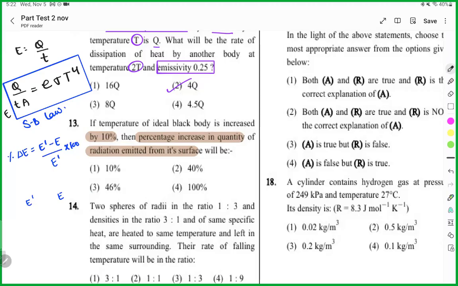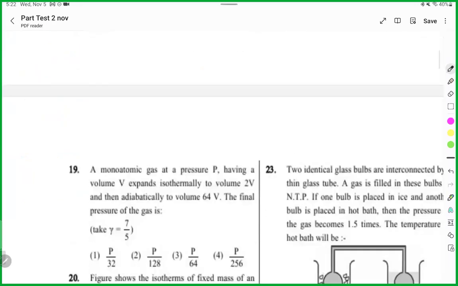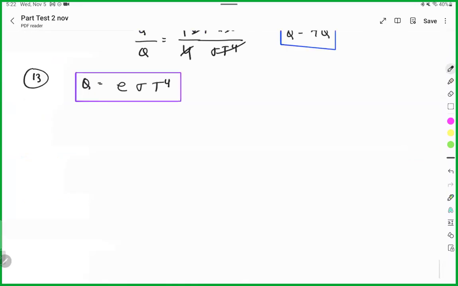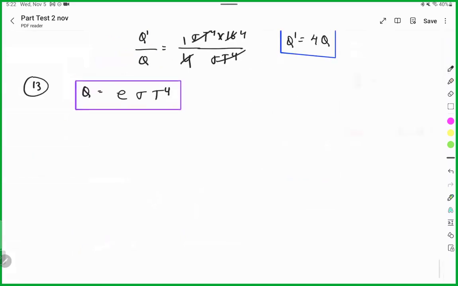Okay, so here the temperature of an ideal gas is increased by 10%. What is the change in the radiation emitted per unit surface? Now you know there are two things. Here you are calculating heat per unit time per unit area, which is equal to emissivity times sigma T raised to power 4.